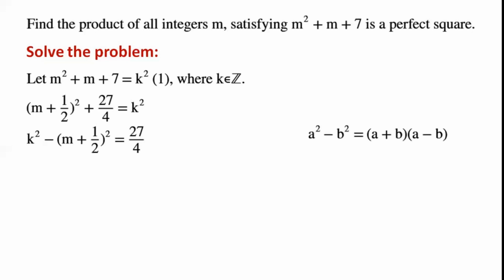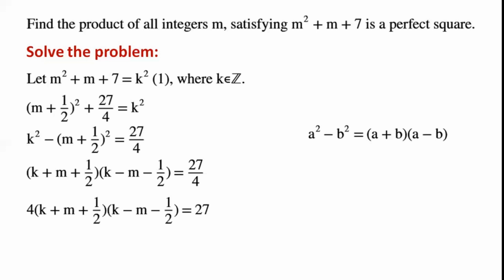We know that a difference of two squares, a squared minus b squared, can be written as (a plus b) times (a minus b). So we can now write (k plus m plus a half) times (k minus m minus a half) equals 27/4.